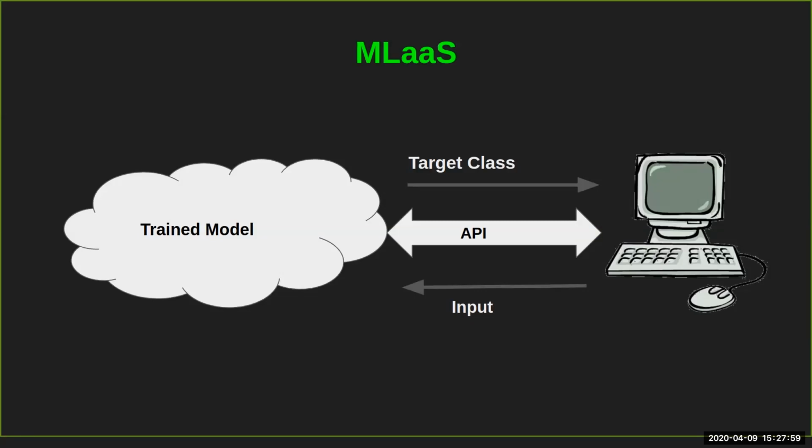On the web, this is how the classification works. Your model is stored on some cloud, and you have one API with which users can pass in the input to the trained model and get the target class. Ideally, you get either the probabilities of target classes, or you just get the target class.